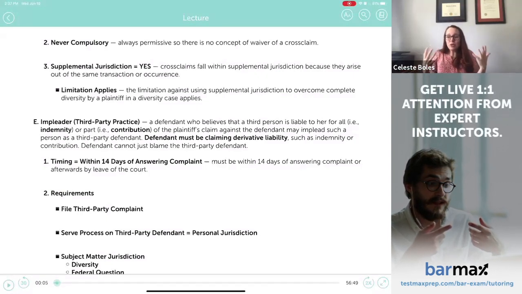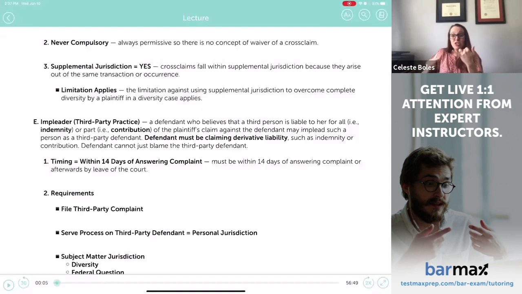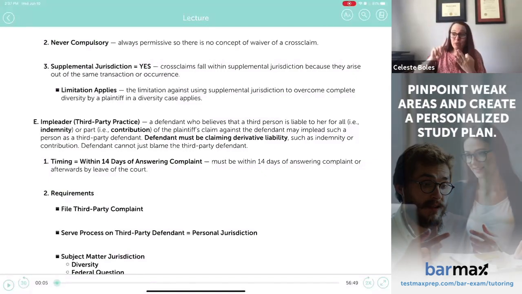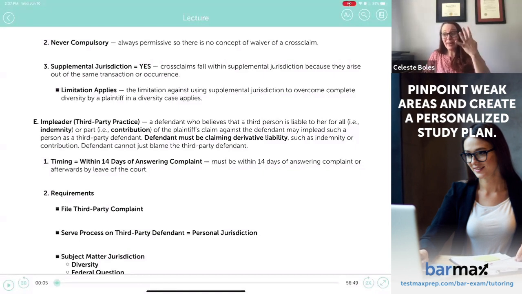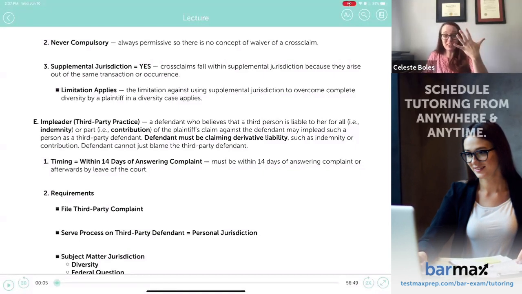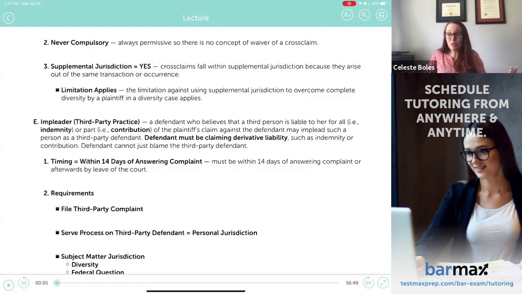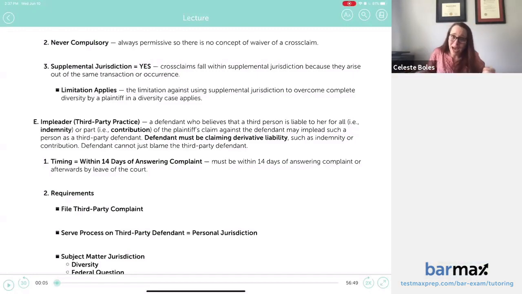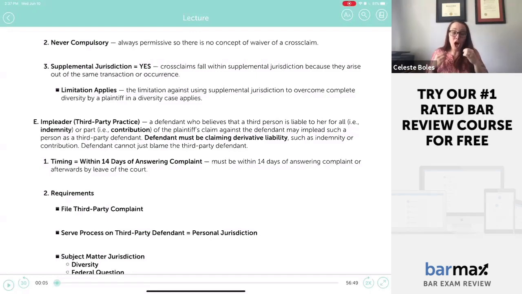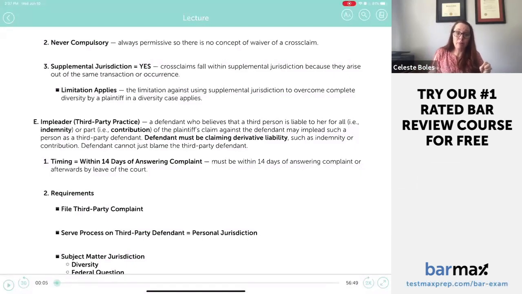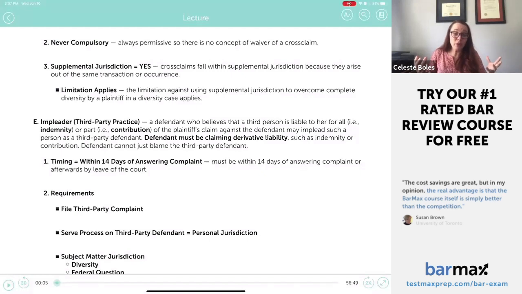But joinder was tested on essays in July 2008, July 2009, February 2010, February 2011, and February 2015. That's 5 questions since 2008. So I feel like anyone who got caught by surprise that there was a joinder essay didn't review MBE essays as part of their bar review, or maybe they just reviewed a few.